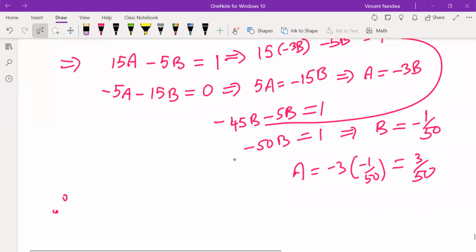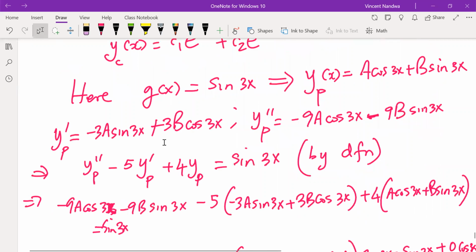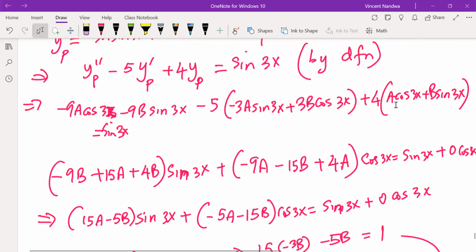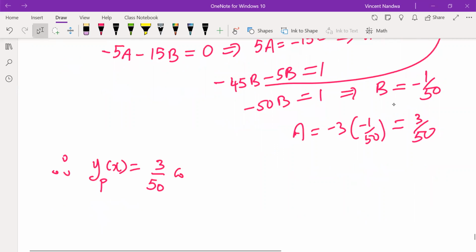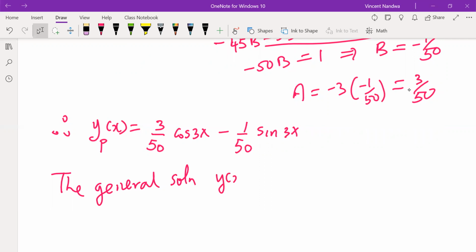So therefore, yp of x is 3 over 50 cos 3x minus 1 over 50 sine 3x. So the general solution, y of x, is equal to the complementary solution plus the particular solution.